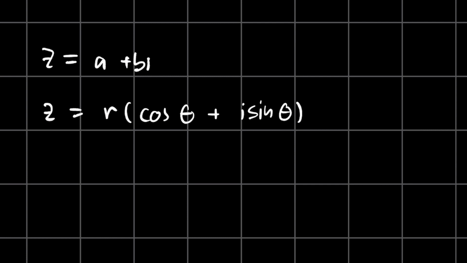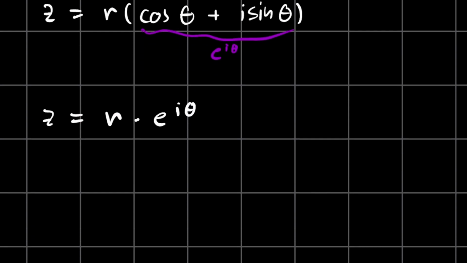However, check this out. This thing can also be seen as e to the i theta, so we're going to write that: z is r times e to the i theta.